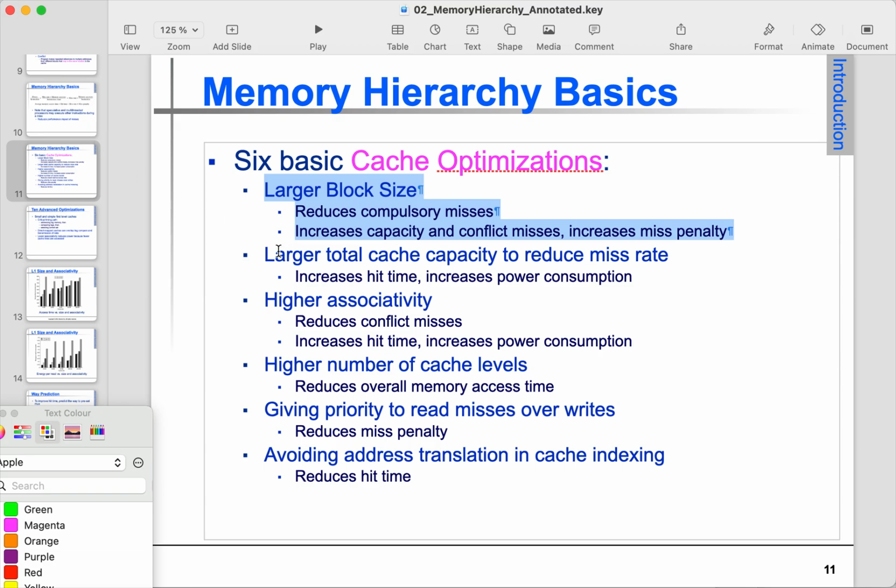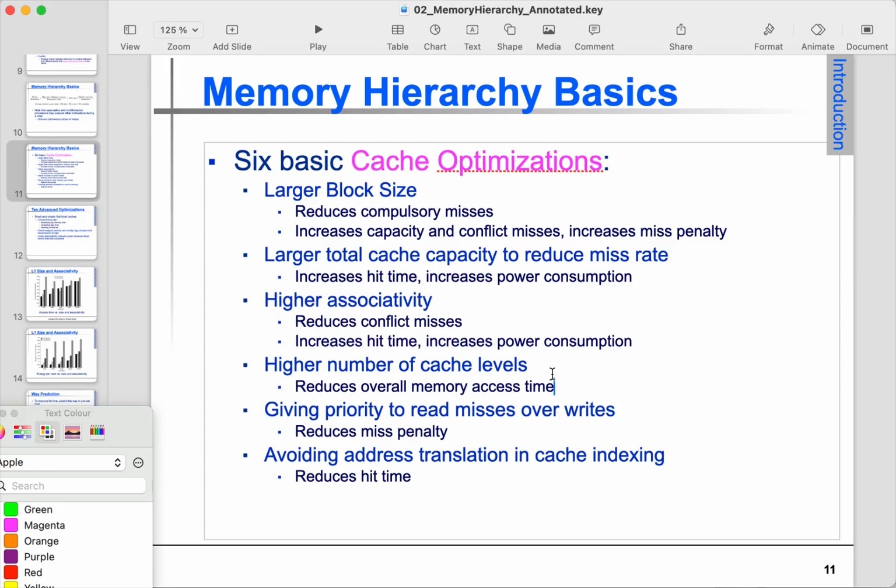This will increase the hit time and it will also increase the power consumption. We could have higher associativity that would reduce conflict misses, and increase the hit time as well as the power consumption.